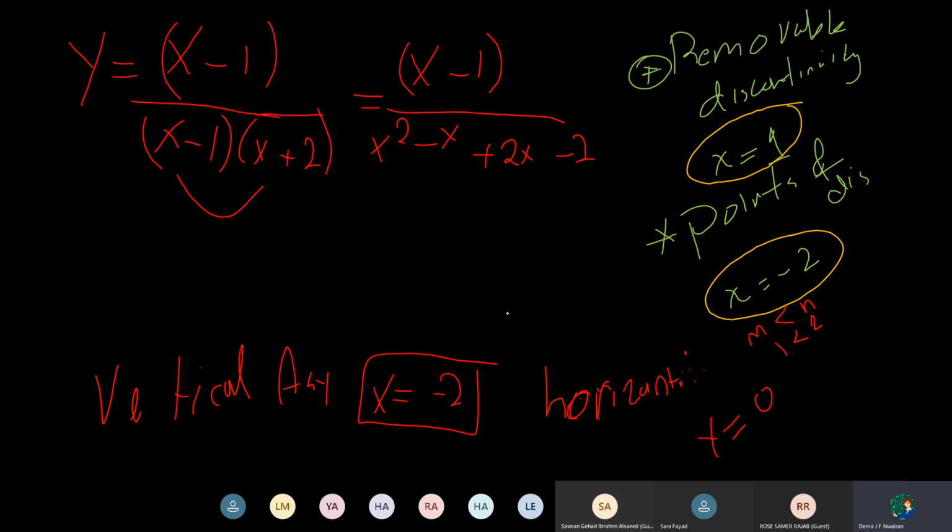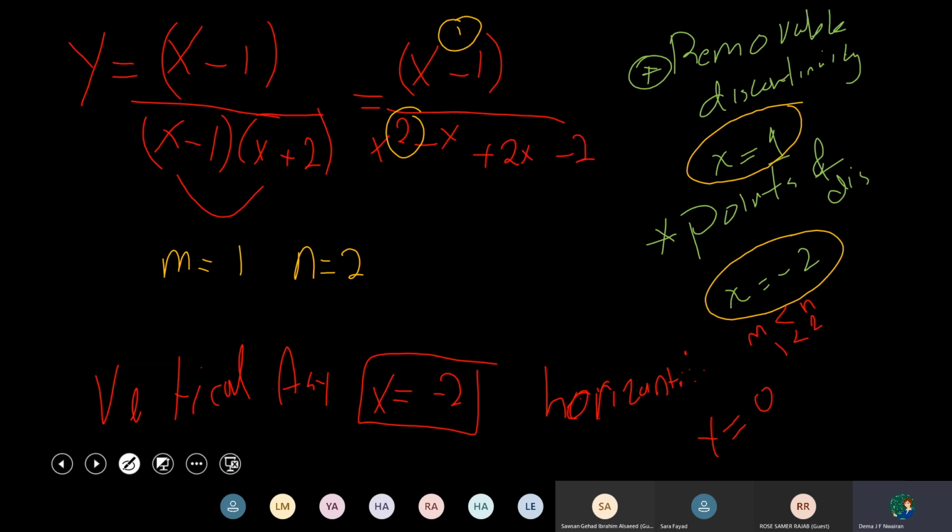Is it clear now after I'm multiplying them? Yes. What is the power of the denominator? It is 2. What is the power of the numerator here? 1.